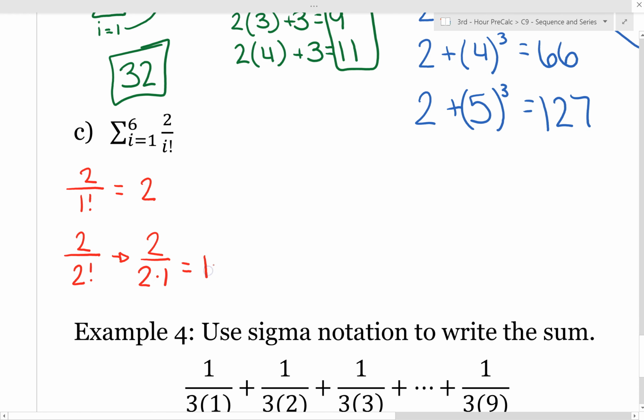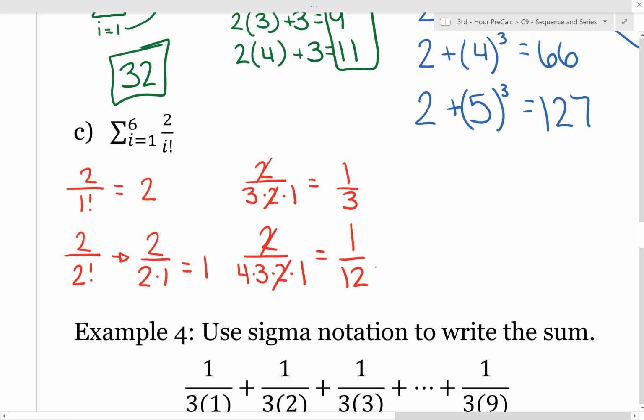So our answer is 1. 2 over 3 times 2 times 1, because it's 3 factorial. The 2's would cancel. I'm left with 1/3. 2 over 4 factorial, so 4 times 3 times 2 times 1. The 2's cancel, so it's 1 over 12.